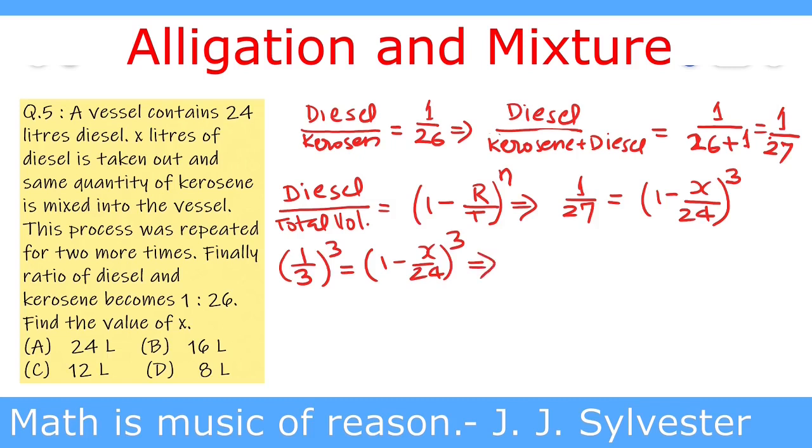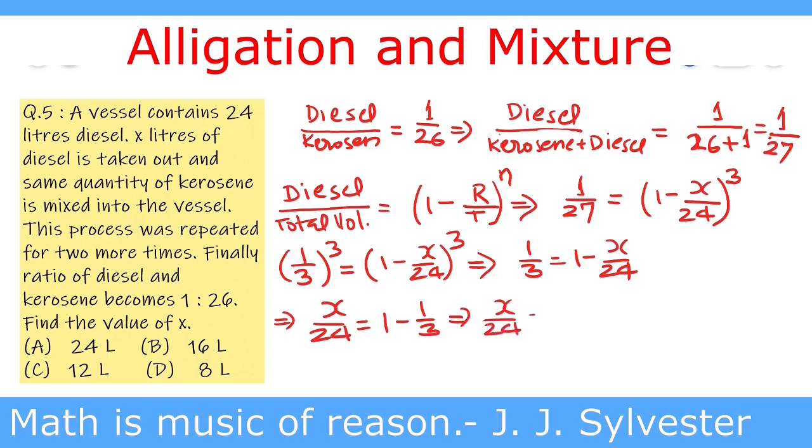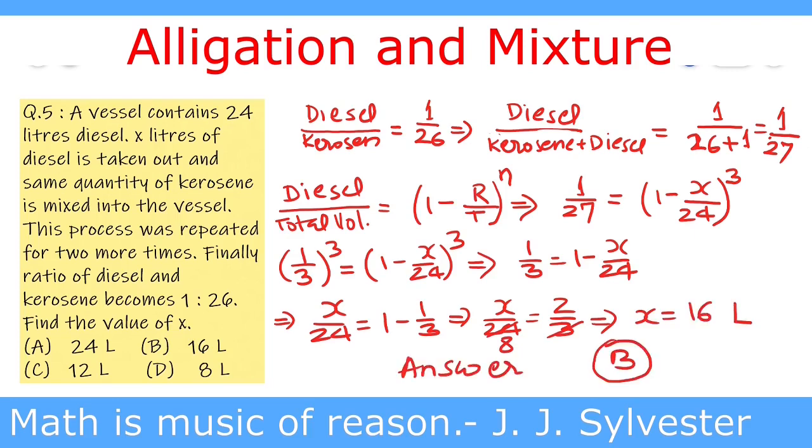As the powers are the same, we can equate the bases. This gives 1 upon 3 equals 1 minus x upon 24, or x upon 24 equals 1 minus 1 upon 3. This gives x upon 24 equal to 2 upon 3. 3 cancels 24 eight times, giving us x equal to 16 liters. Hence our answer is option B.